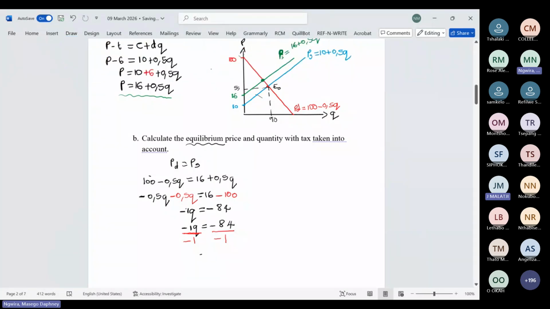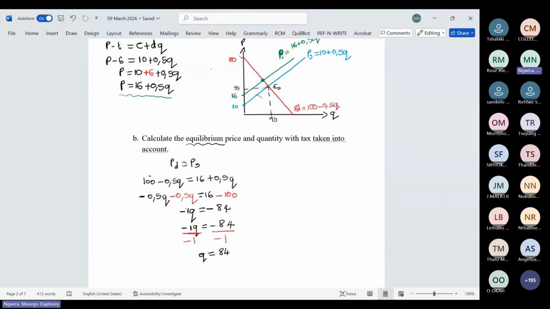So our answer, we're going to have Q is equal to a positive 84. That's how 84 becomes positive. Even if you swap these numbers around, it doesn't really matter. If you decide to take 100, 16 to the other side and 0.5, it doesn't really matter, as long as you get Q. Remember I said that it doesn't matter how you get to your answer, as long as you get the right answer. And now that's our Q.